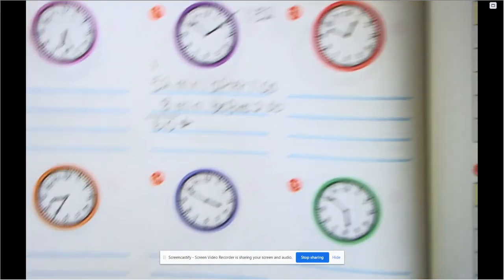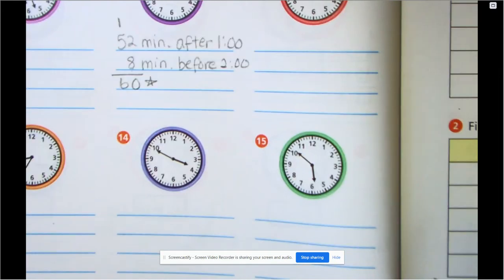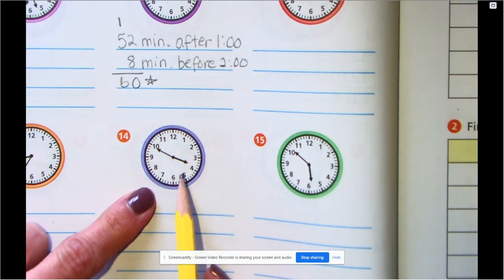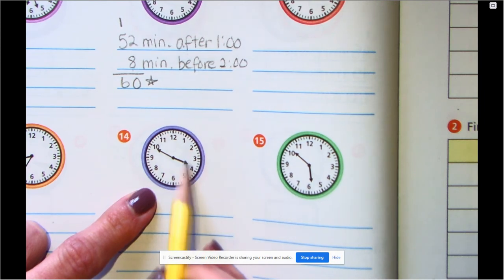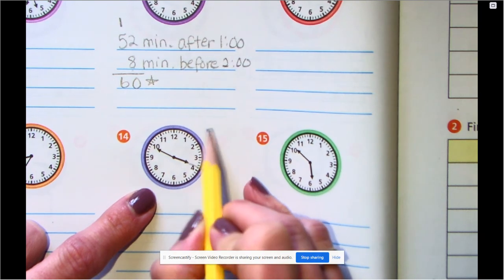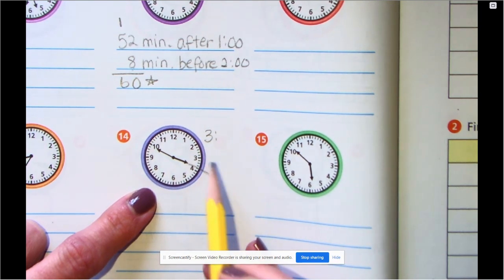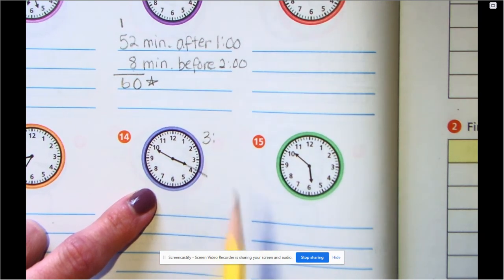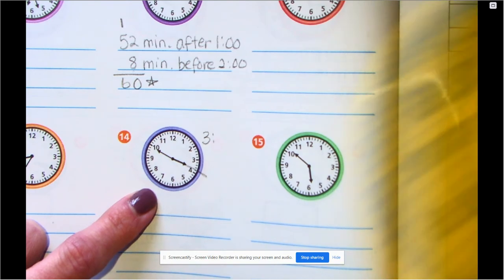Okay, let's look at number 14. Look where my hour hand is. So I know it's still 3 something. I have to figure out my minutes. Okay, this is also the time you won't have the anti-clock, right?